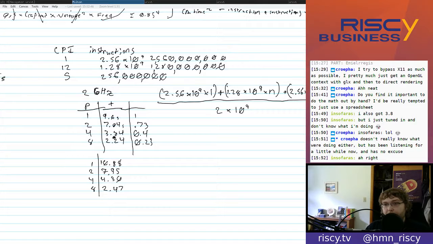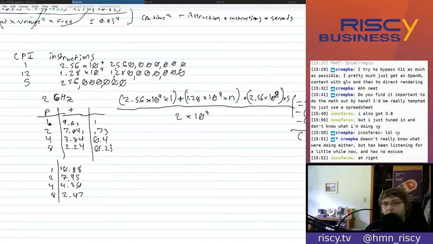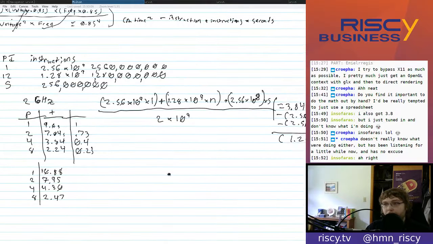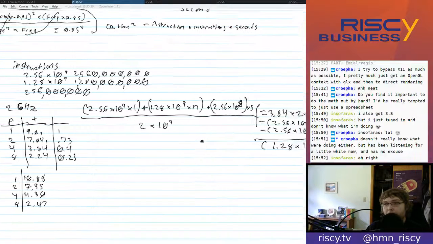And for 4, we got 3.84. So now it's saying for a single processor, a single threaded program, a single core, we want to change the CPI of load and store instructions so that you get the performance of 4 cores from the original. So we want to get 3.84 seconds as the time for running this program.